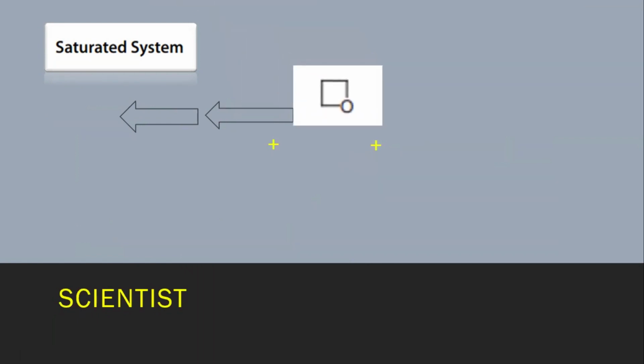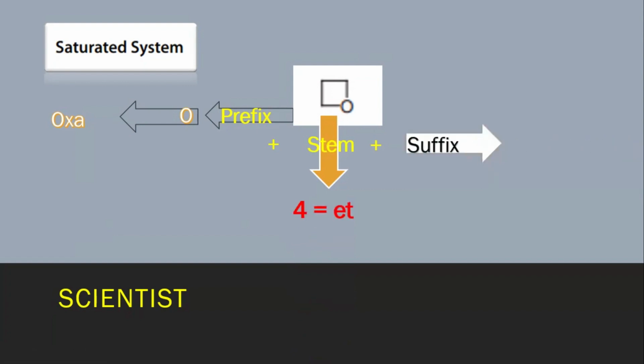Now a saturated 4 member ring containing oxygen. Let's discuss the prefix. The prefix is oxygen, so oxygen is called oxa. Stem means ring size. Ring size contains 1, 2, 3, 4. 4 means et. Suffix means whether it is saturated or unsaturated.